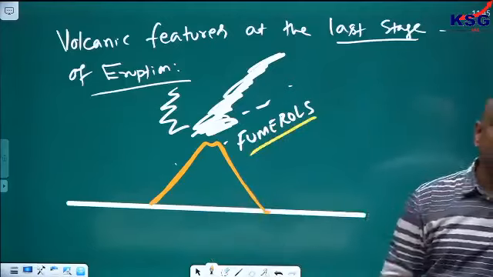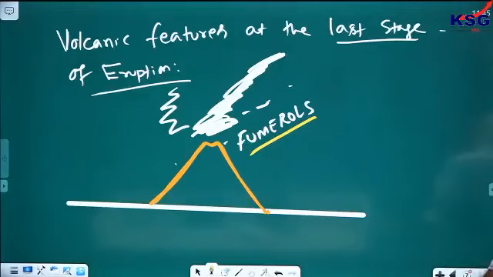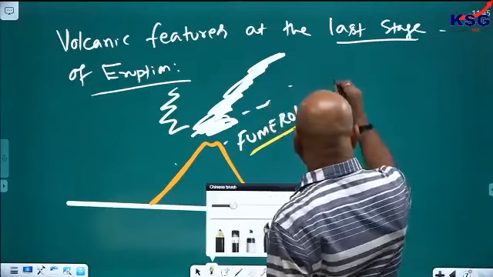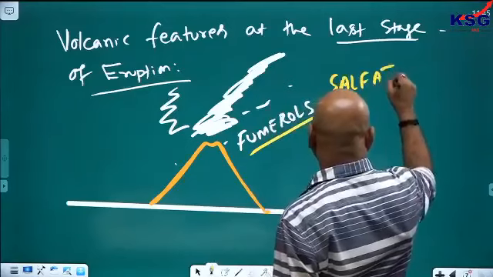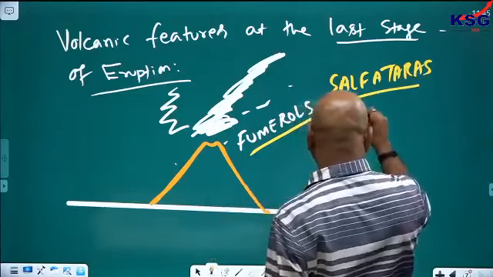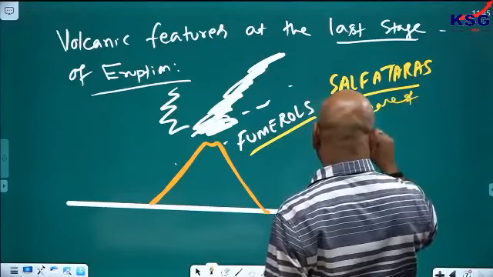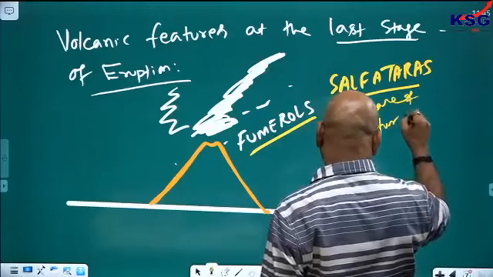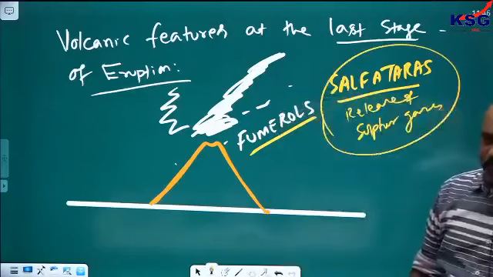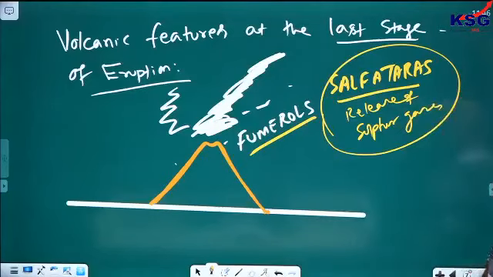If it is only fumes coming, fumaroles are there. But sometimes sulfur vapor is also released, sulfur vapor, solfataras. If there are sulfur gases, then solfataras.